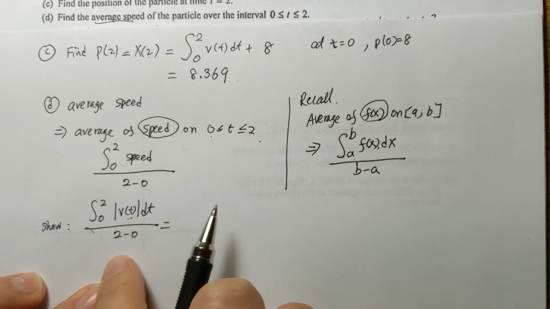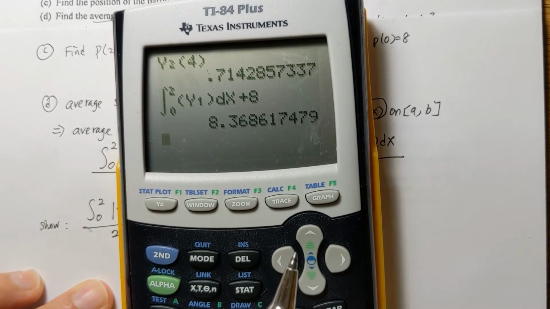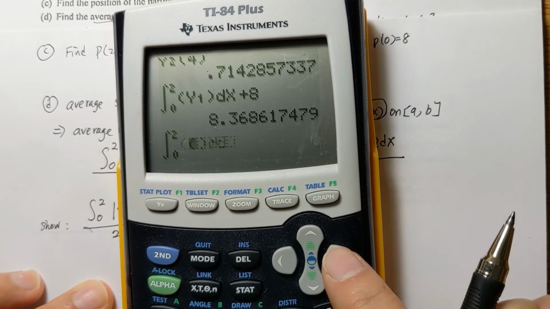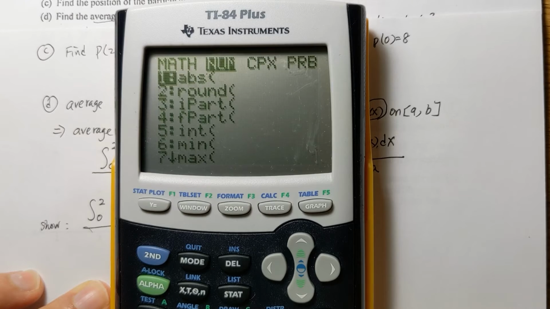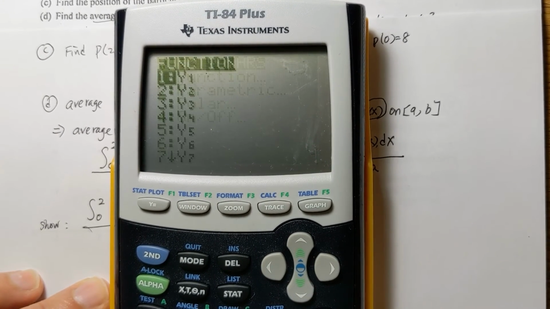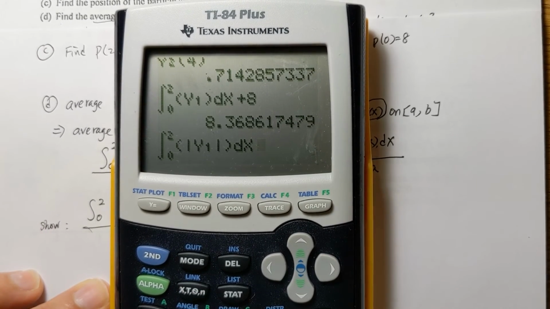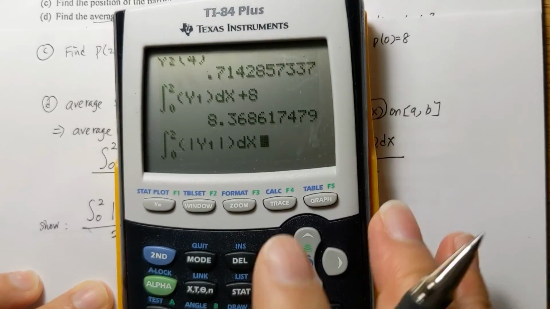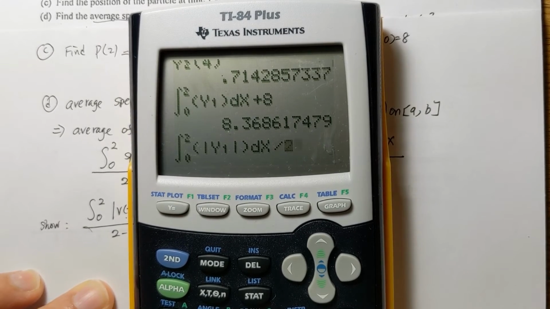Now we're going to use our calculator. So we're going to do a math 9, 0 to 2, and we are going to put the absolute value, math num, 1. So this is going to be our numerator, and the denominator is 2, so divide by 2.